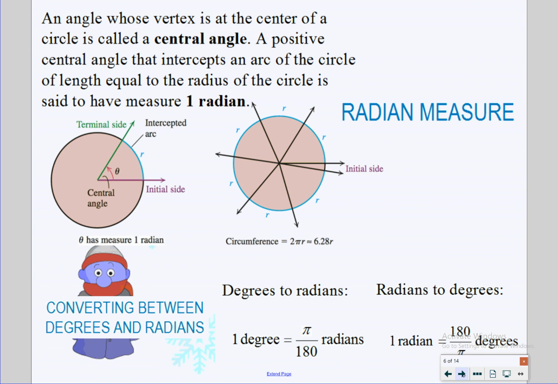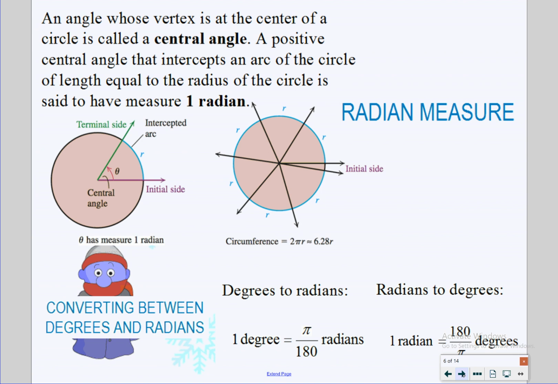And actually, this little bit is another 0.28. So 6.28 radii. If I divide that by 2, I get 3.14. I get pi. So half of a circle is pi radians, pi R values around my circle. And then a full circle is 2 pi radians.